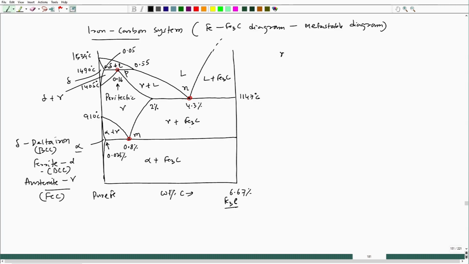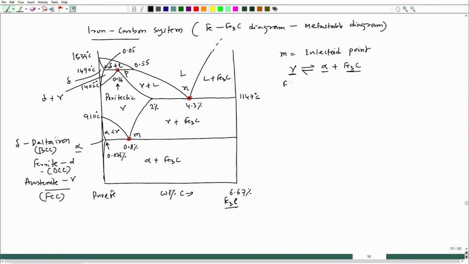So, the M is nothing but the eutectoid point where gamma changes to alpha plus Fe3C. So, two solids are forming and these have different crystal structures, so this is a complex crystal structure.